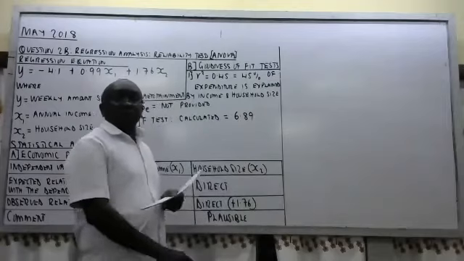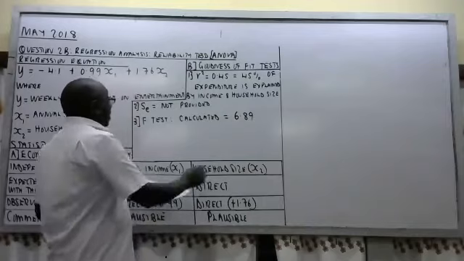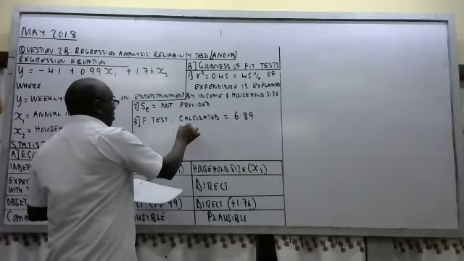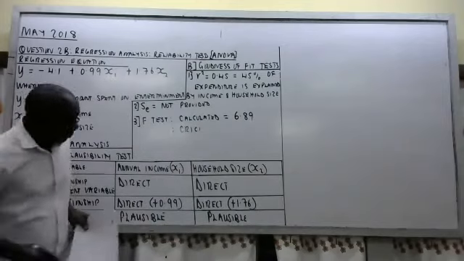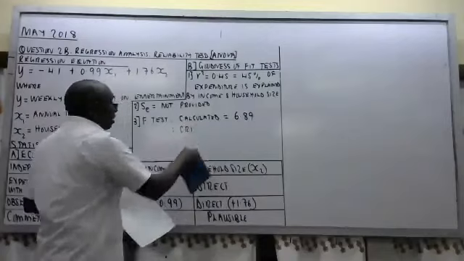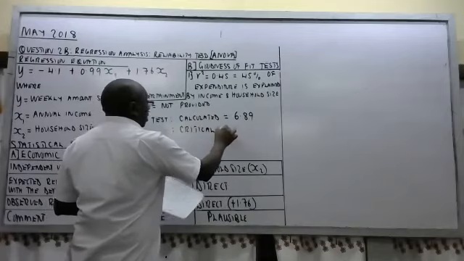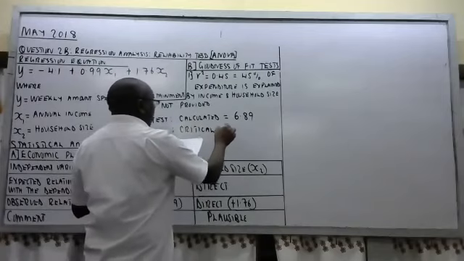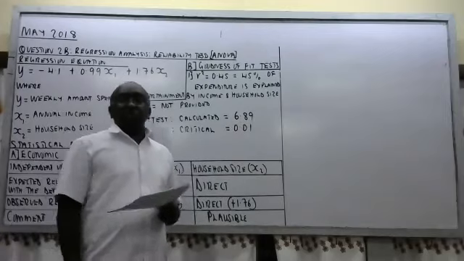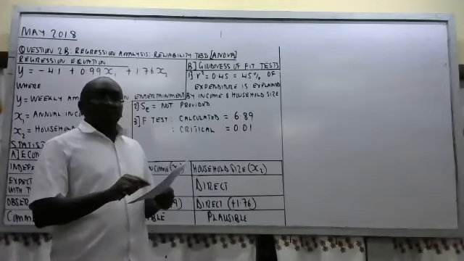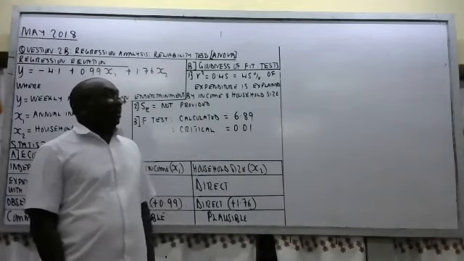I hope you're able to see that. 6.89. And then critical is 0.01. Remember, we were advised to use 2 decimals. Critical ndio imeandikwa significance F. The one written as significance F.